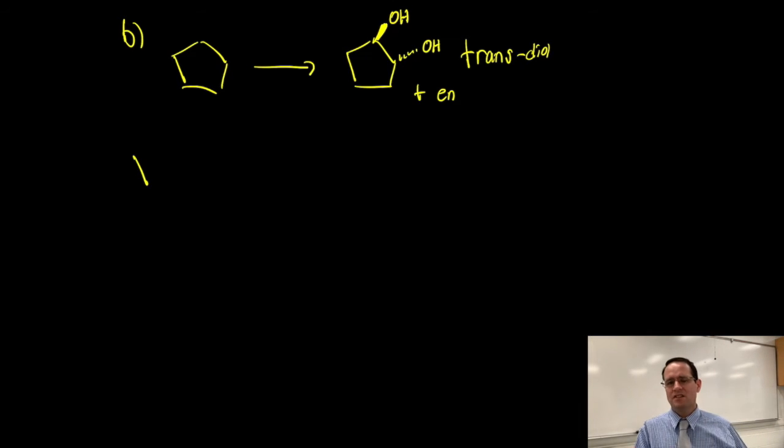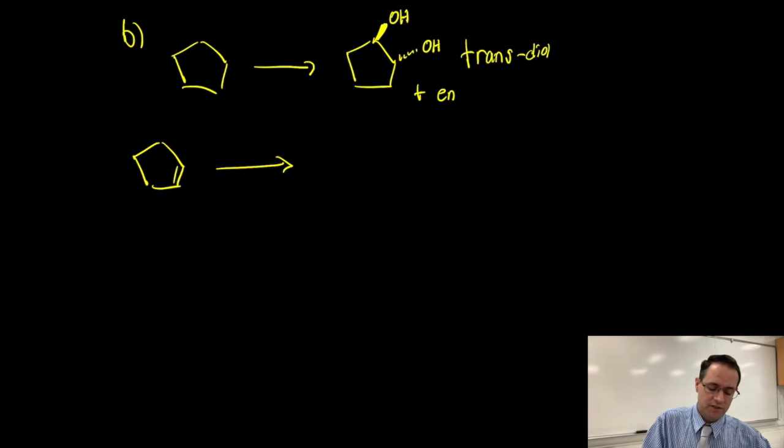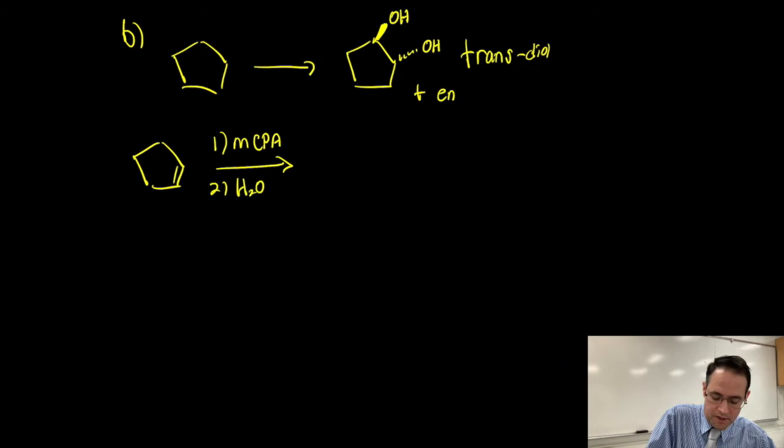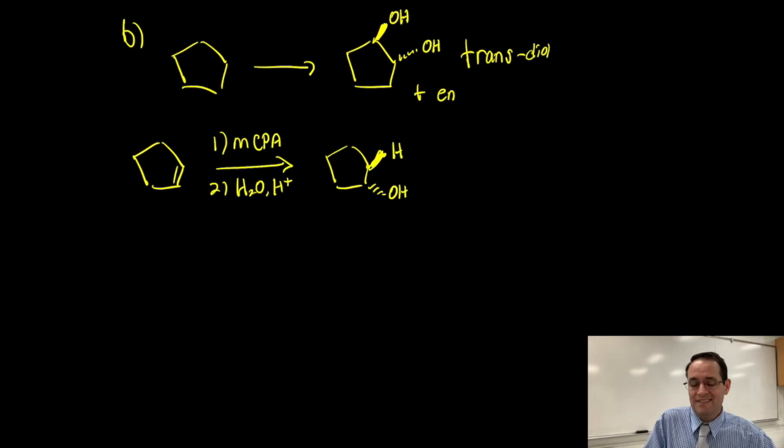En means the enantiomer or the mirror image of that. Now, one of the reactions you've memorized in the first semester of chemistry is a method to take an alkene, and it's a two-step procedure to do MCPBA followed by water and acid, and that gives you the trans diol.